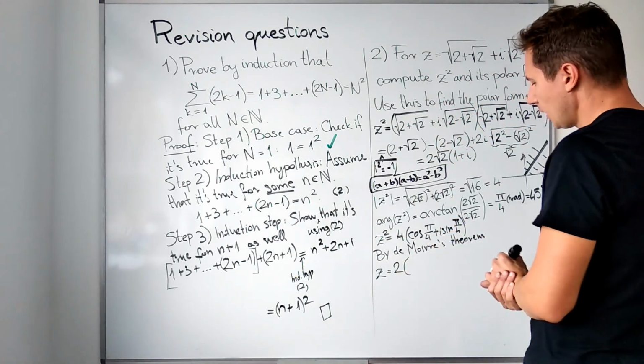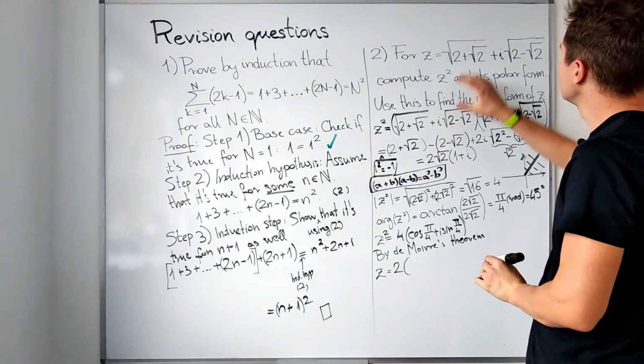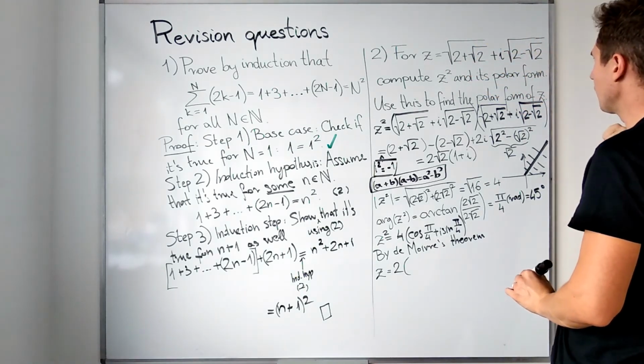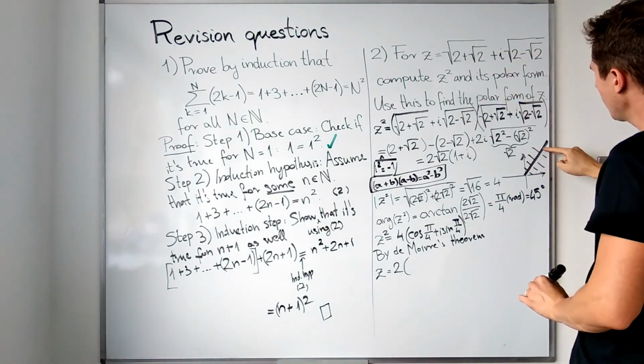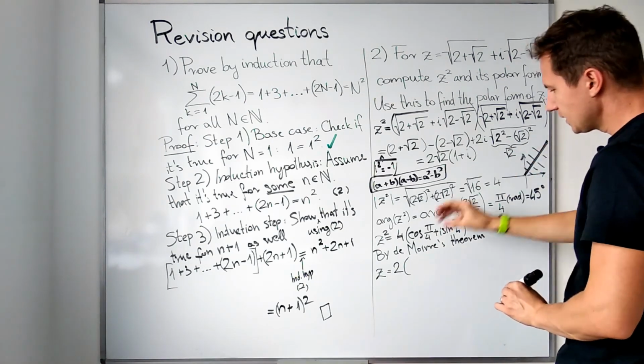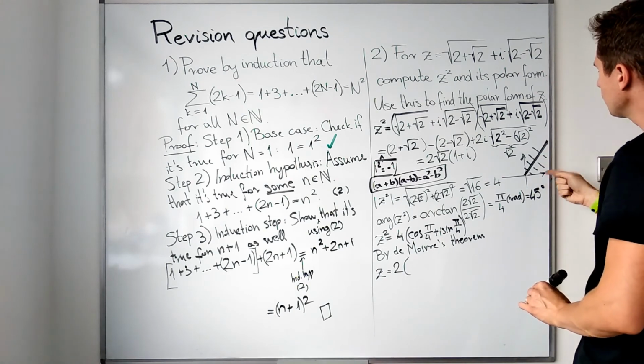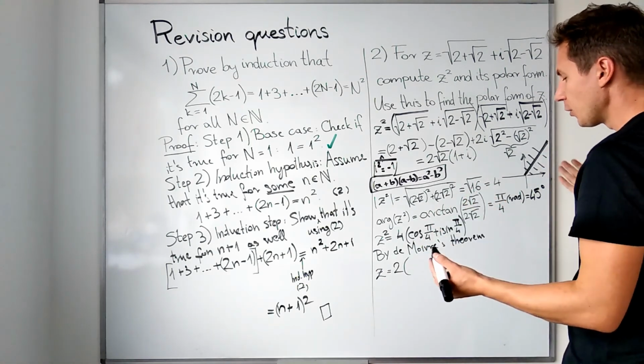And for the argument, we'll have to consider that this number z has positive real and imaginary parts. So not just z squared is in the first quadrant, but z itself is in the first quadrant, meaning that its angle should be between 0 and pi over 2.